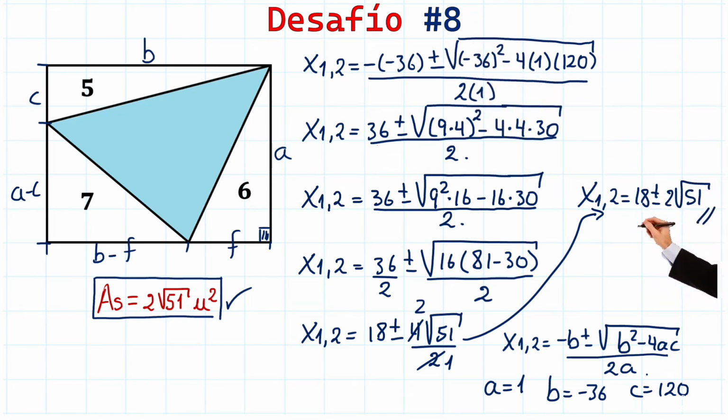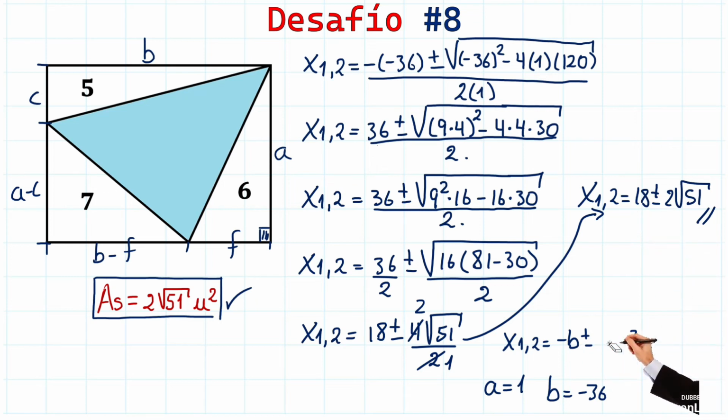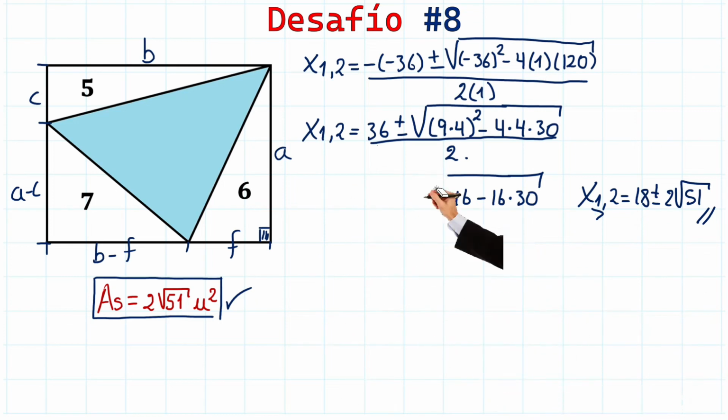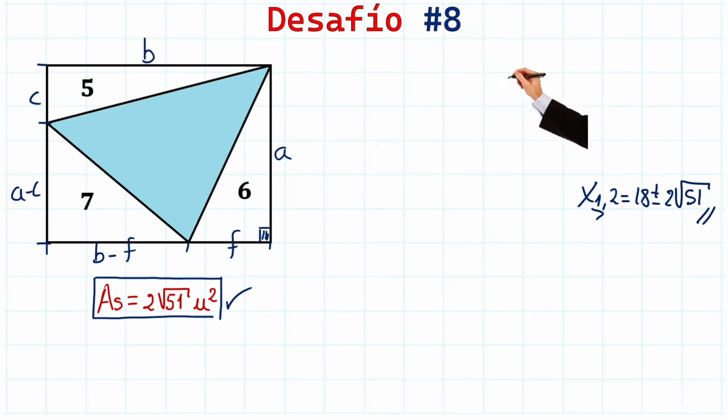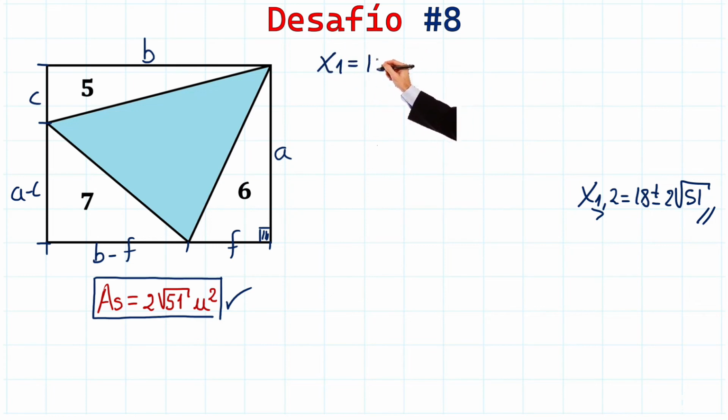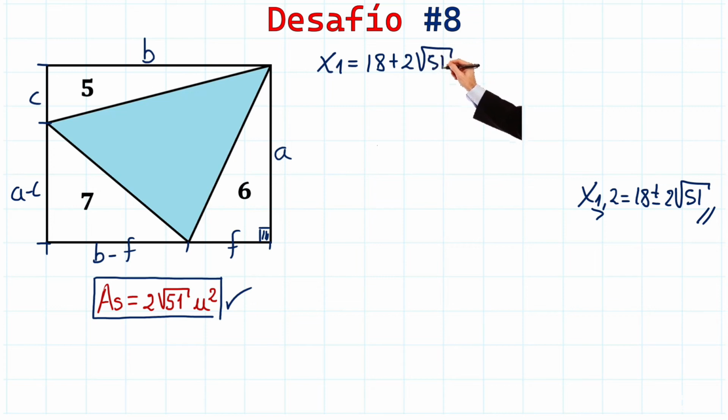Isn't it amazing? Let's erase this here and also the rest, so we can continue. Let's erase quickly. Alright, and here we have the 2 solutions, which we'll note over here as solution number 1, 18 plus 2 times the square root of 51, and solution number 2, which is 18 minus twice the square root of 51.